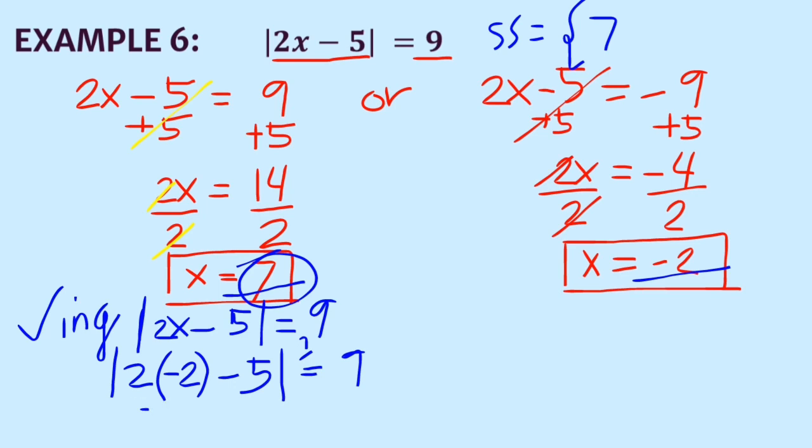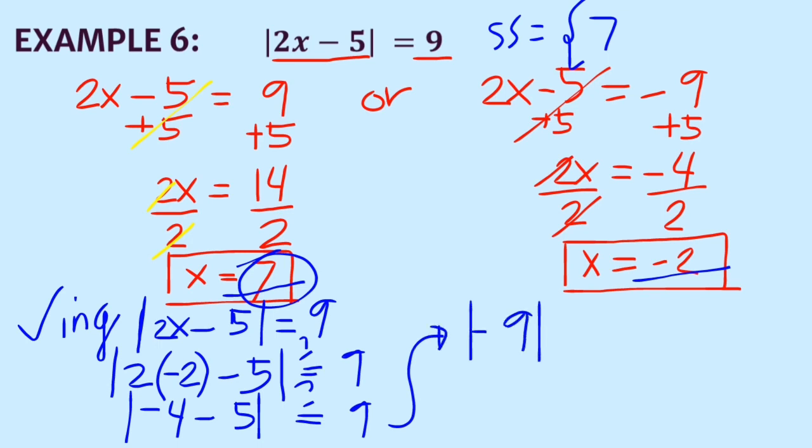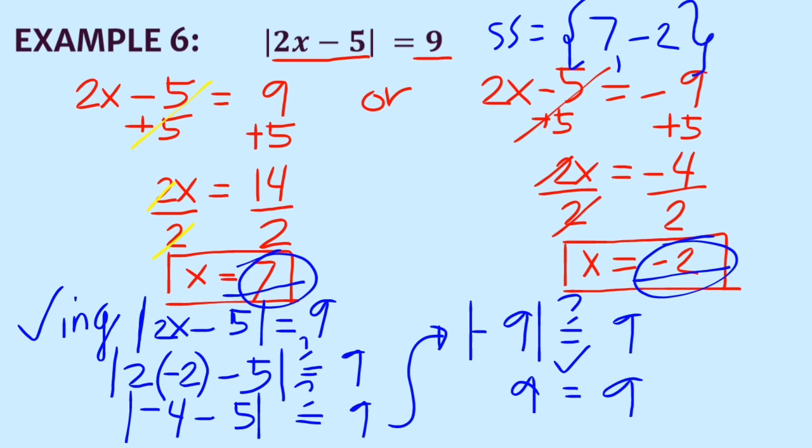It is negative 4, then minus 5. So, what is negative 4 minus 5? It is negative 9. So, what is the absolute value of negative 9? It is 9. This is equal. It means that our negative 2 here is also our solution set. Okay?